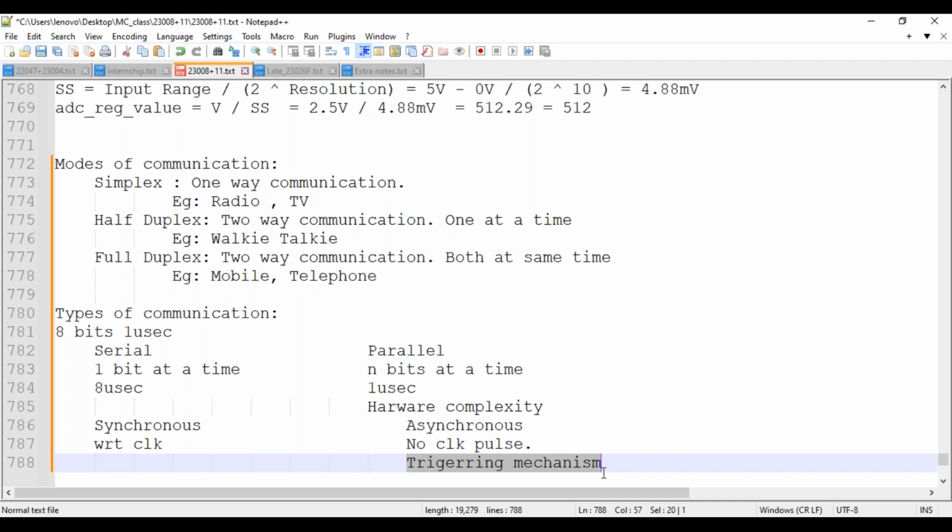The one who wants to start communication is going to have the triggering mechanism done. Means the microcontroller here. Yes. So if the microcontroller wants to communicate, it should be the microcontroller who will seek the attention of the receiver.